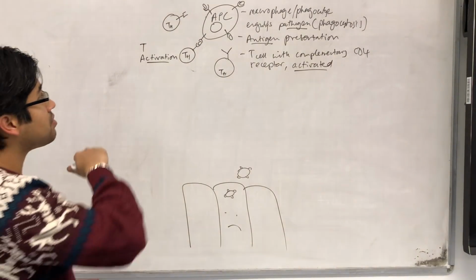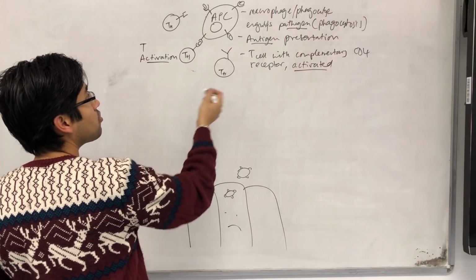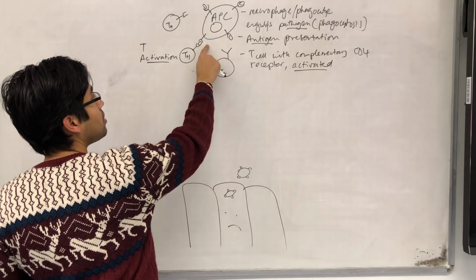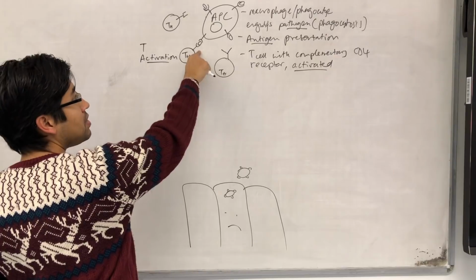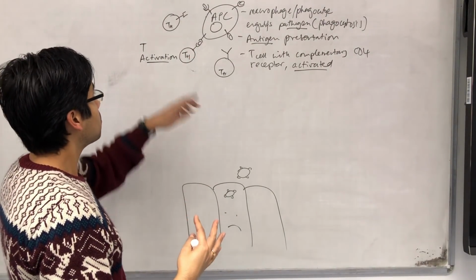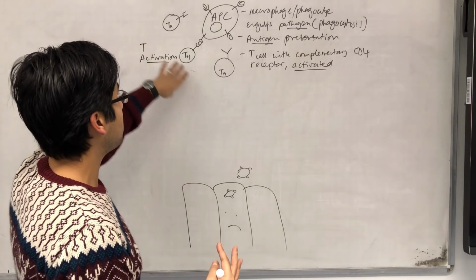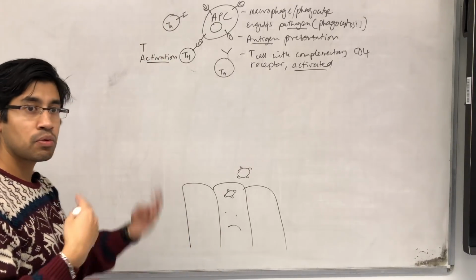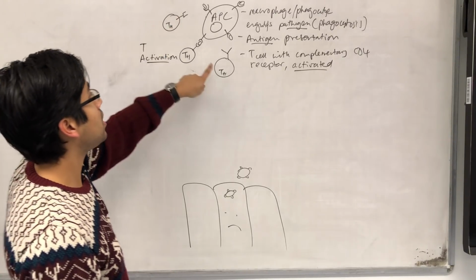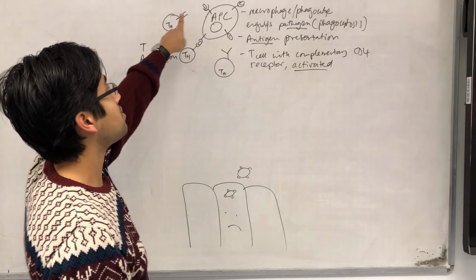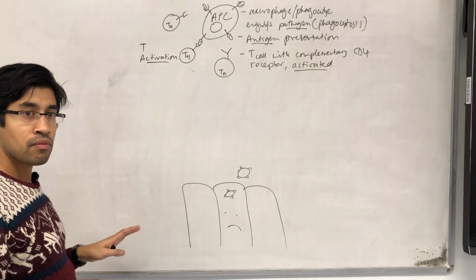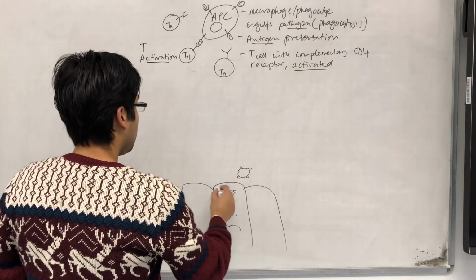This is part of what makes this response specific, because it took a specific interaction between the antigen and the CD4 receptor, complementary binding, to select the right T helper cell that will be able to make the response. All the other T helper cells do not recognize that antigen and therefore would not be effective.